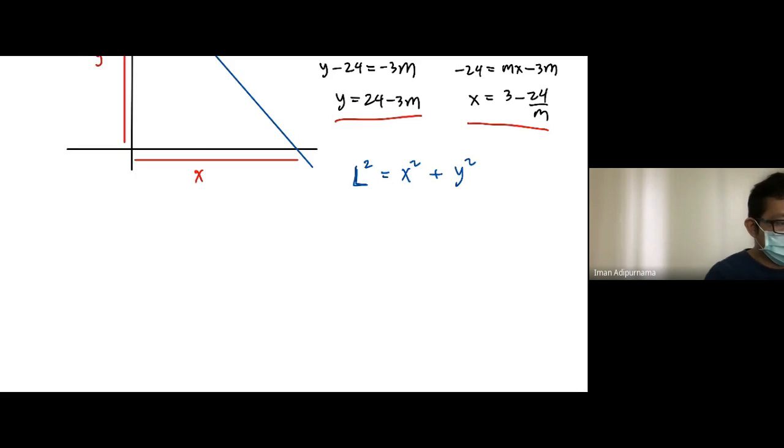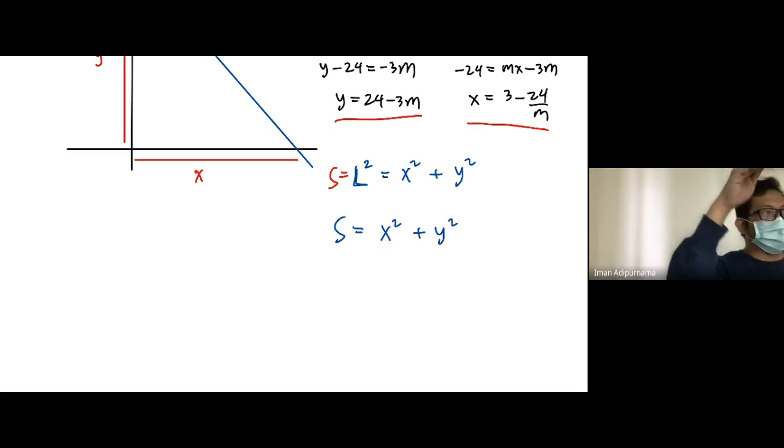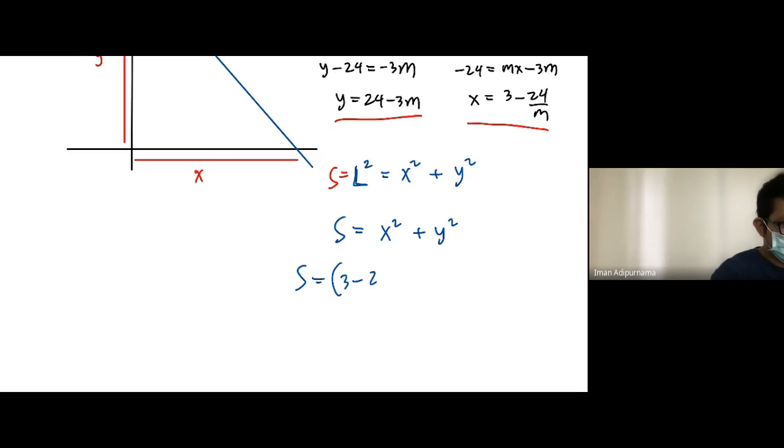Let's say this is S, because we don't want to have the optimization on the square root. Okay, so S is 3 minus 24 over m, plus 24 minus 3m squared.